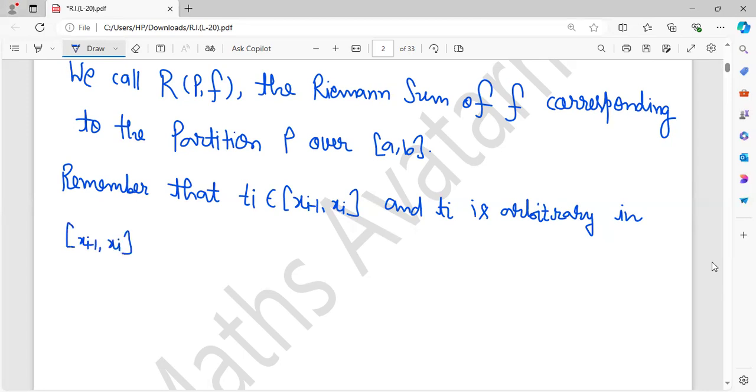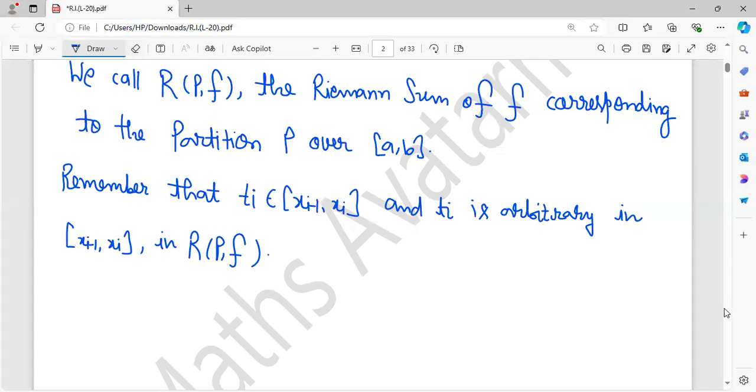In R(P, f), ti is arbitrary. So the definition of R(P, f) is such that ti is arbitrary in between x(i-1) and xi. You always remember this.